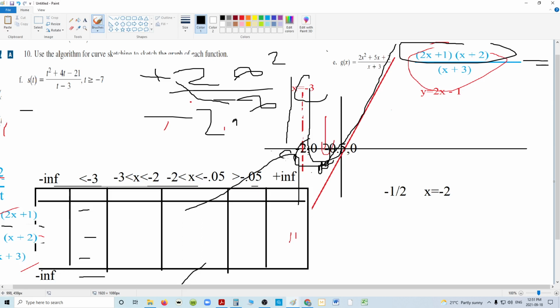But remember, we found a max. Then, in between here, what's a good number? Oh, -2.5. So this becomes negative, this becomes negative, and this becomes positive. So this becomes positive, which means in between -3 and -2, it's positive. So we have a graph like that.